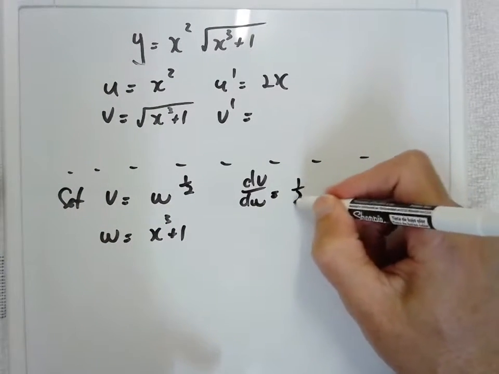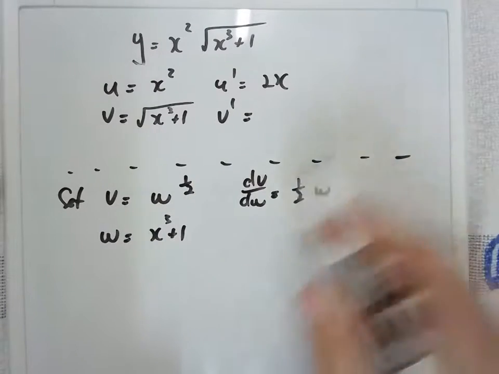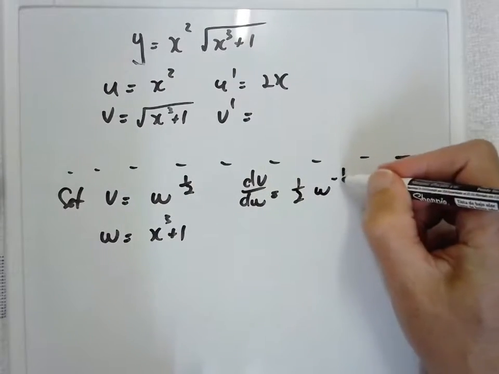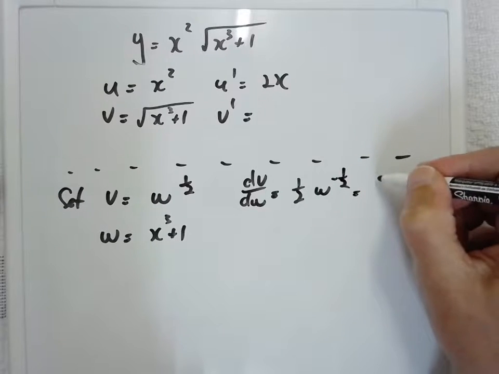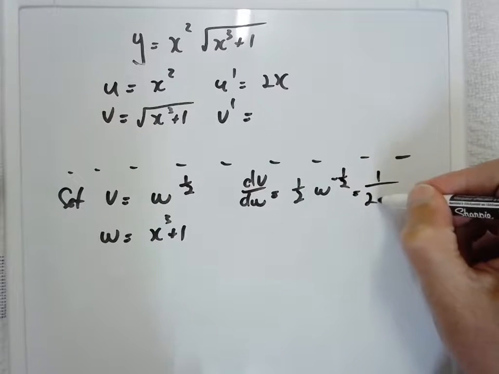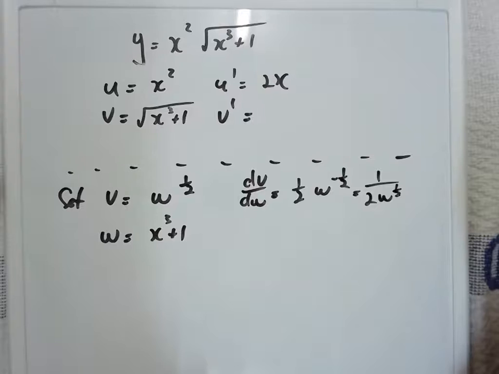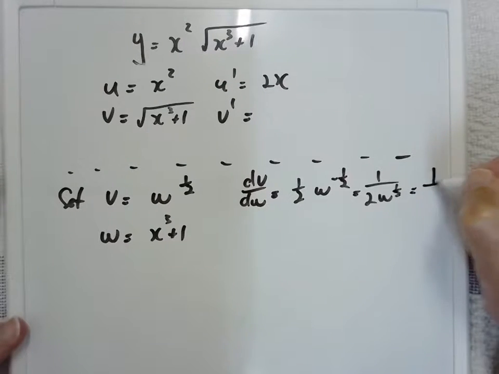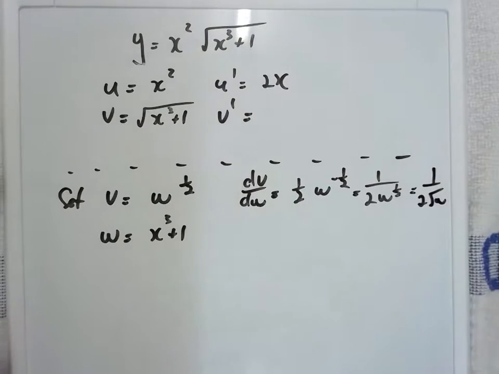We're going to bring the half down, and a half minus 1 is minus a half. So that's 1 on 2 w to the half, and I can write that as 1 on 2 root w.